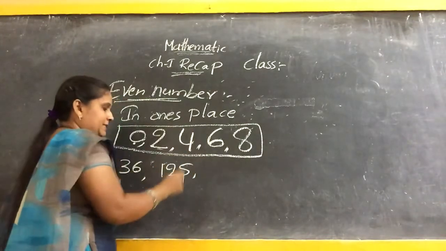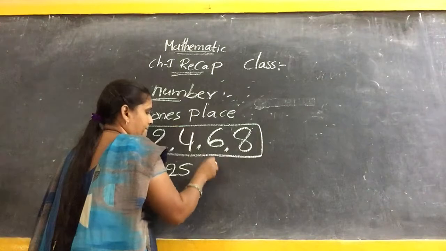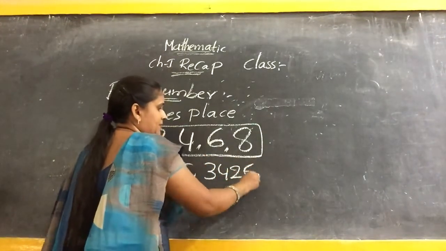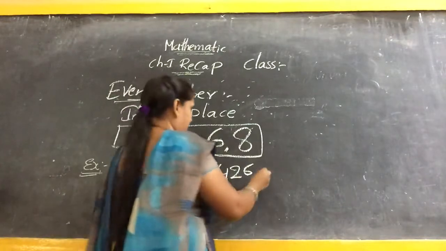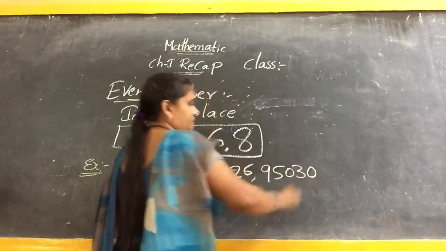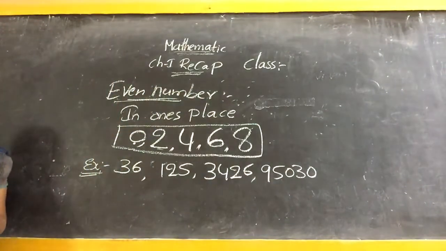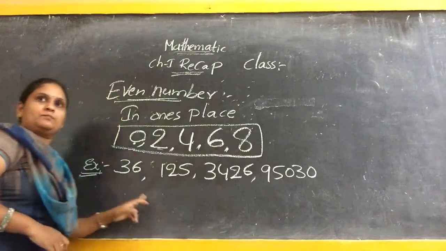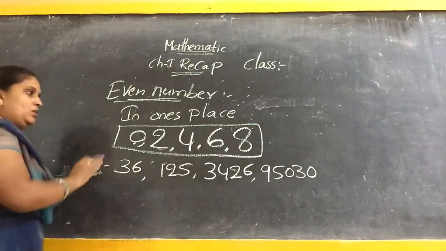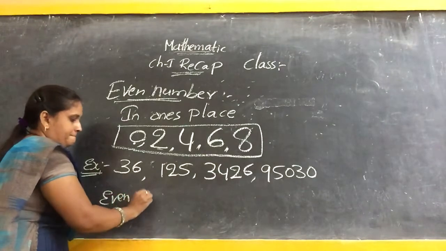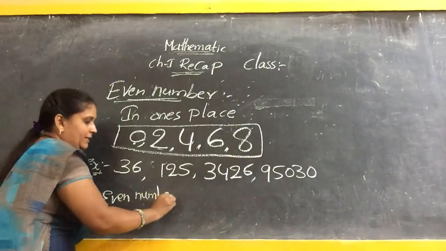Next a 4-digit number, 3426. Next a 5-digit number, 95030. Now 4 different numbers are there. Now tell me which are even numbers.